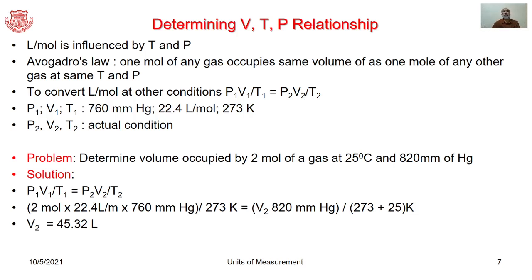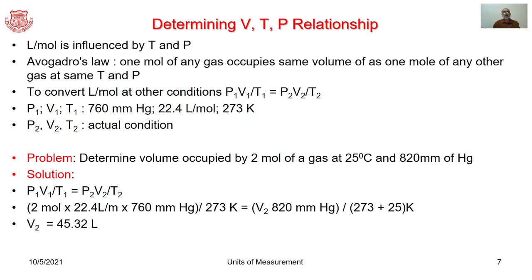Let's revise the concept of determining the volume, temperature, and pressure relationship. From our earlier discussion, it is clear that the liters per mole is influenced both by temperature as well as the pressure.